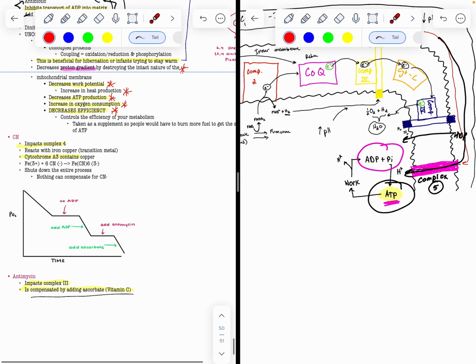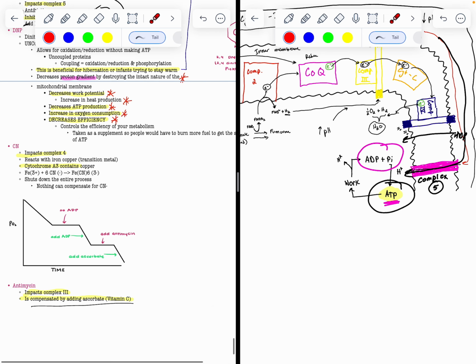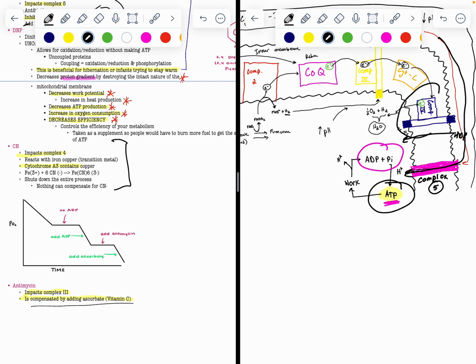All right, last couple that we're talking about here. Honestly, all I want you to know for CN right here is it impacts complex 4, which is this complex right here over on this side. It impacts complex 4 right there, and it's just irreversible.